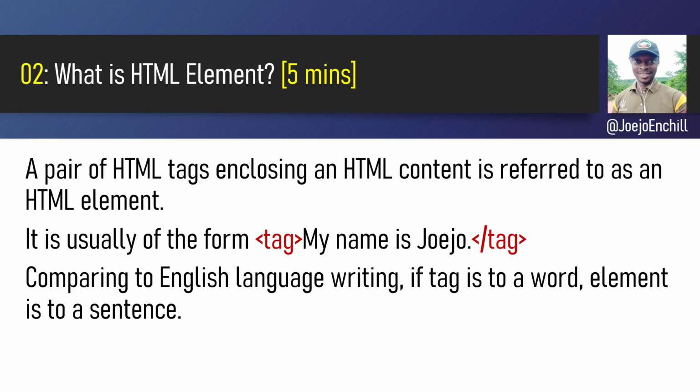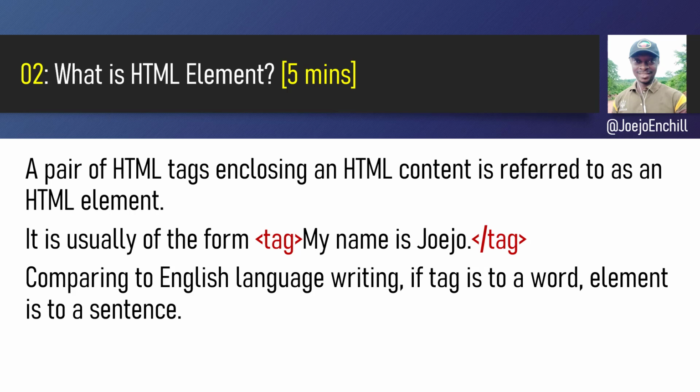So from the beginning tag to the closing tag, including the content, is what we call an HTML element. It is usually of the form opening tag, content, and closing tag.